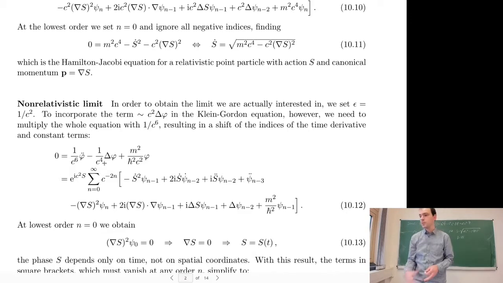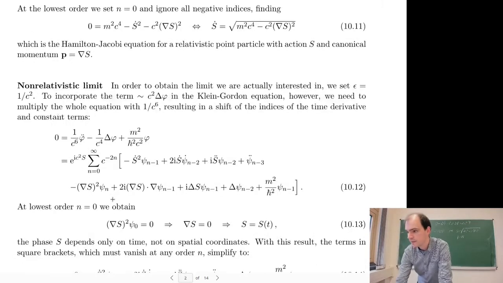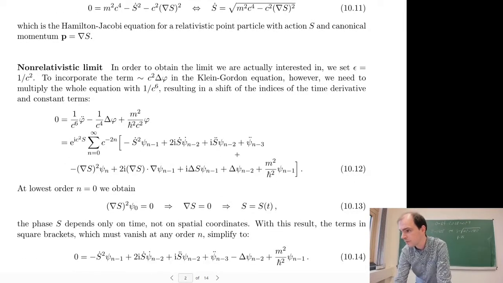And then with this we can insert the derivatives expressed as a power series, and just as in the previous case, we end up with this series expression for our Klein-Gordon equation, which is now a different expression because it's now the expansion in c squared instead of in h bar.